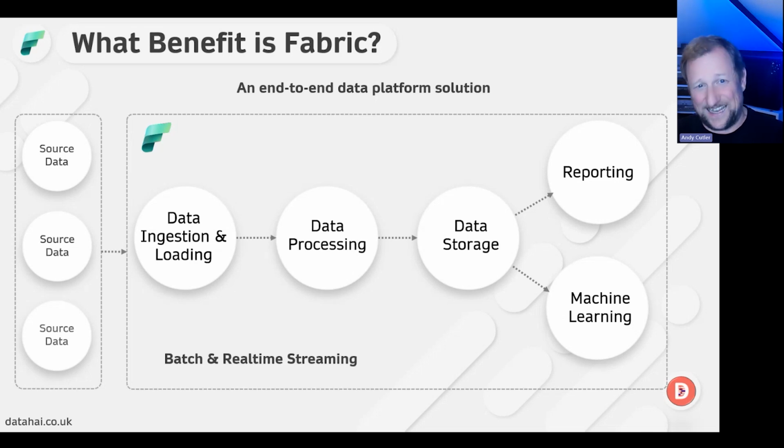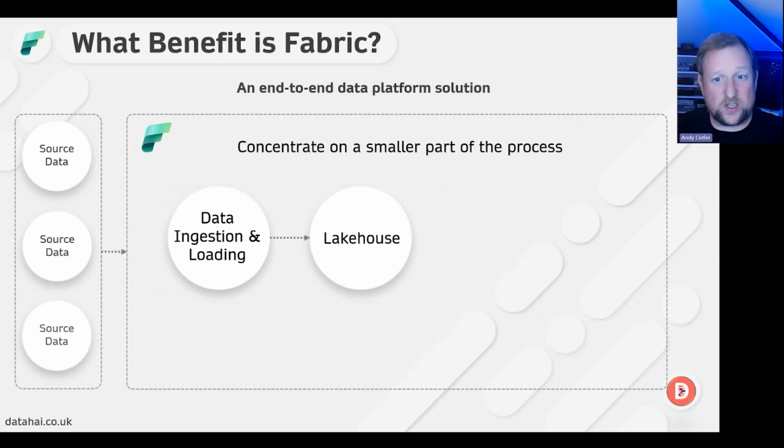Perhaps if you want to conduct a proof of concept, it might be better just to concentrate on a part of the process. Yes, you're going to see loads of posts out there on social media, on LinkedIn, end to end: here's some raw data, and we're going to build you a report. Great, brilliant, it does that. But to prove out certain aspects of the platform, that might not actually be the best way of going about it.